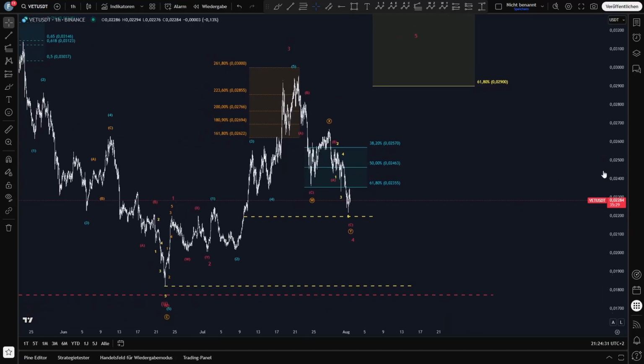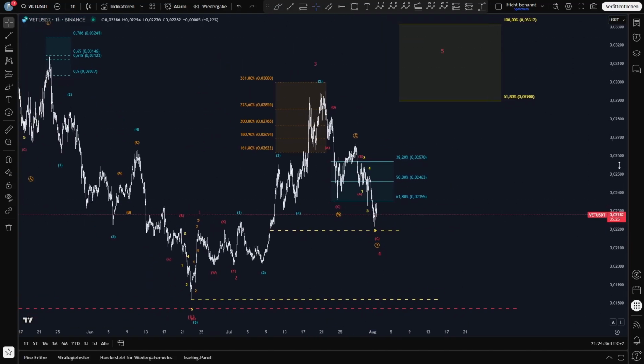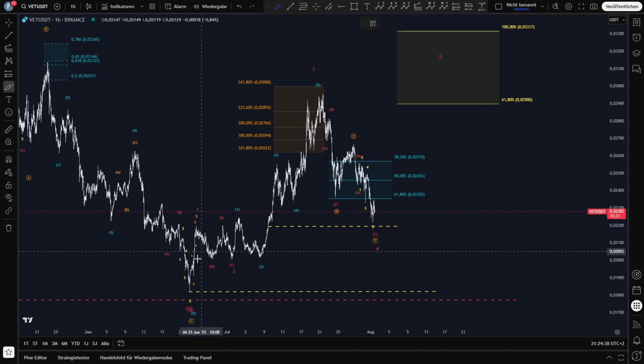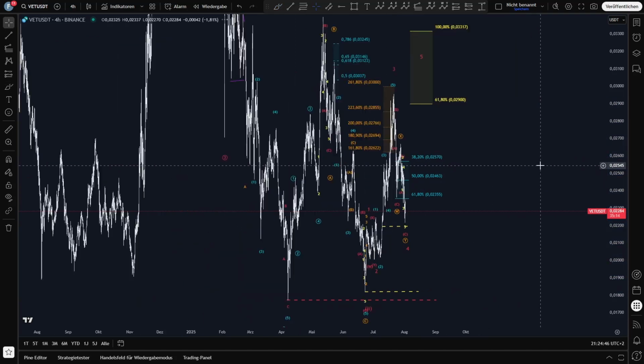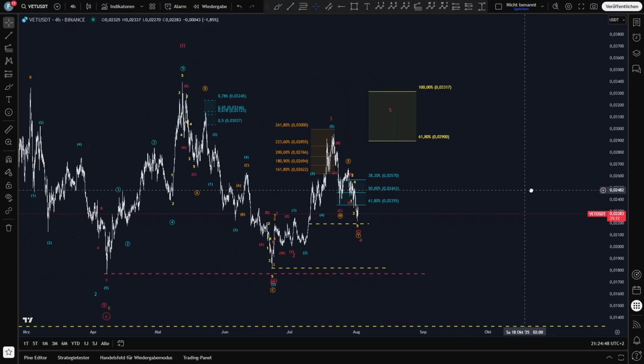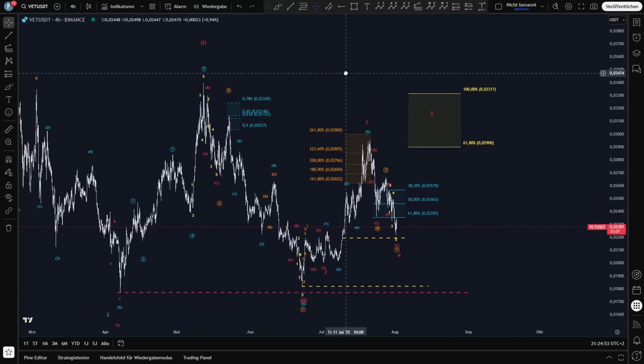Exactly. So what will happen if we break through this yellow line? So yeah, I mean, what should I say? This move to the upside for me until yet looks like a 3-wave move. I mean, for me it looks clearly like a 3-wave move. So we have to ask ourselves the question, what possibilities we have?